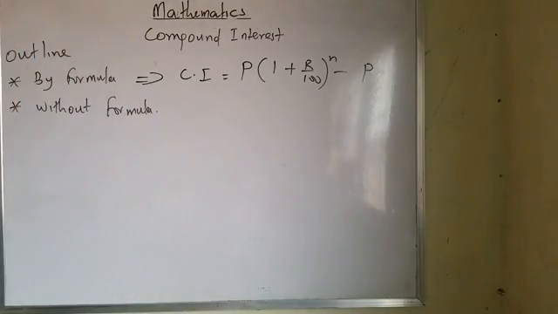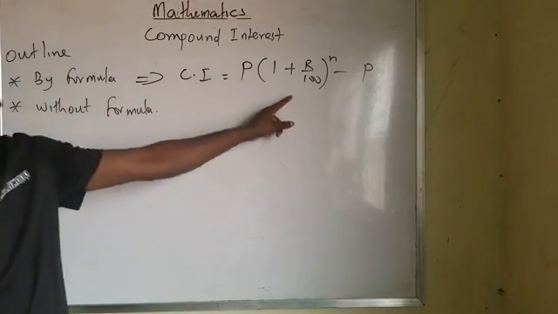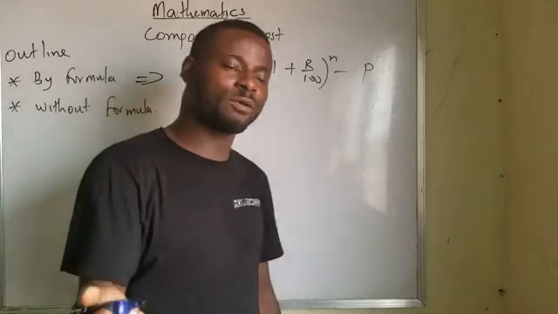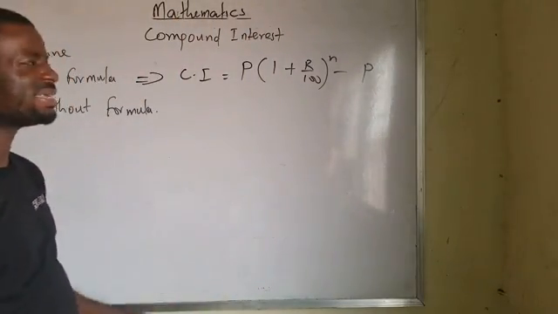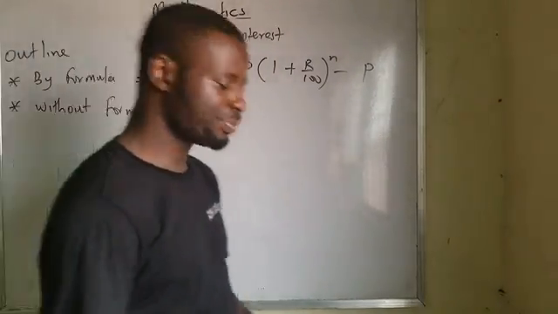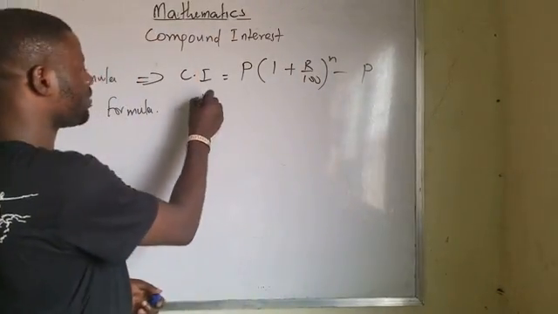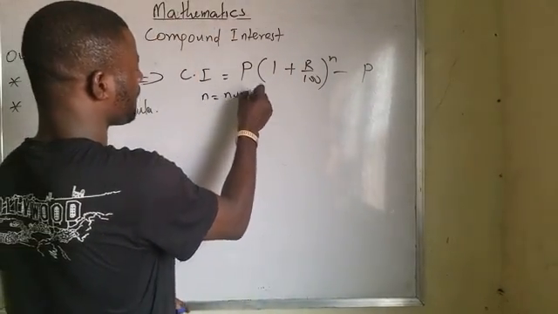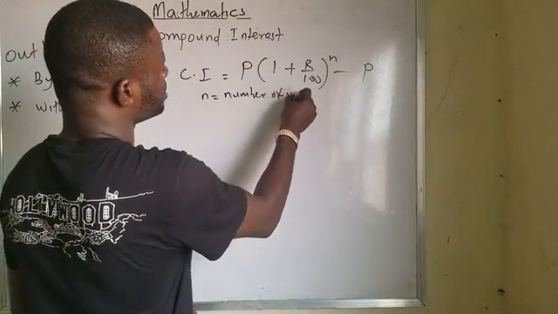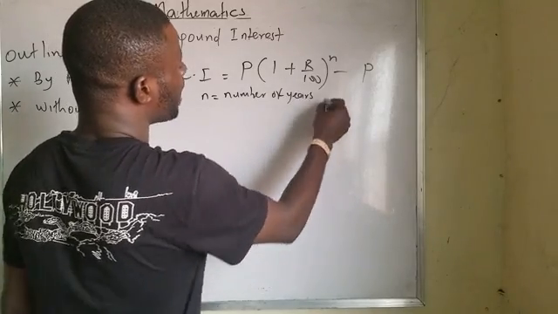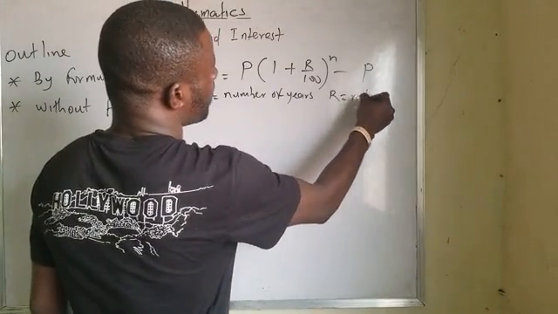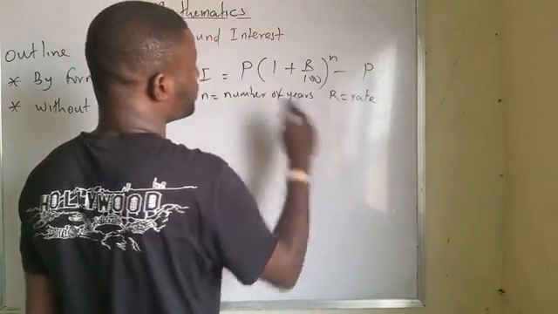Here, n is the number of years, R is the rate, and P is the principal.